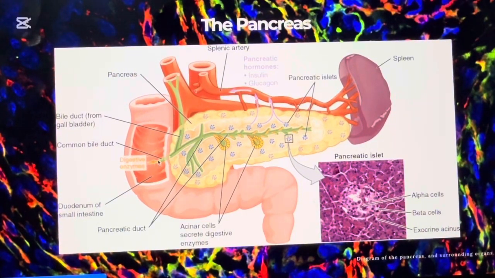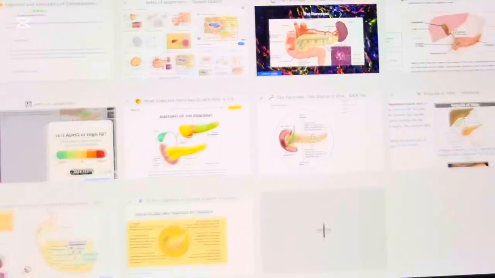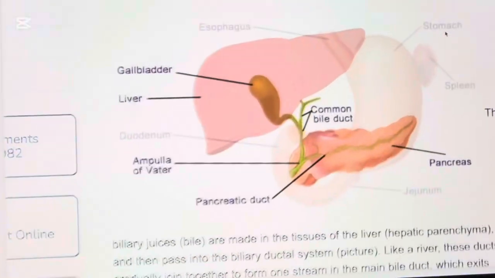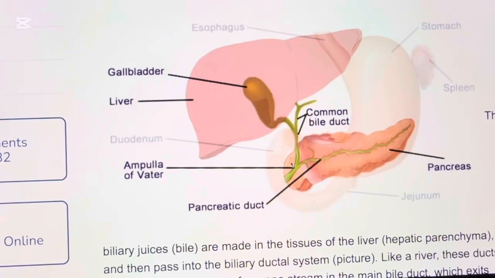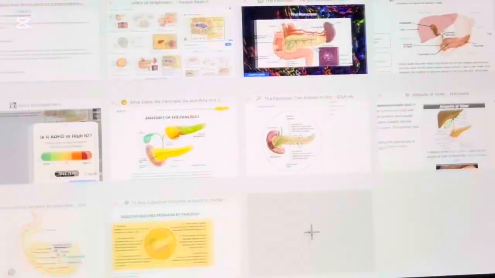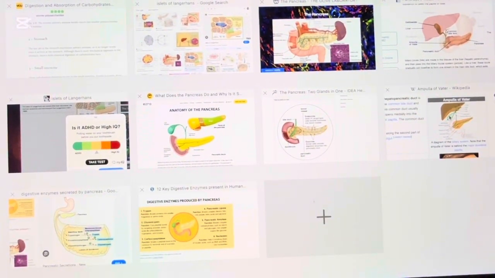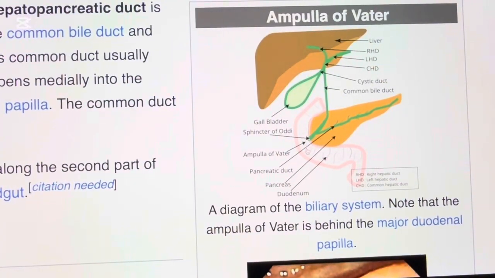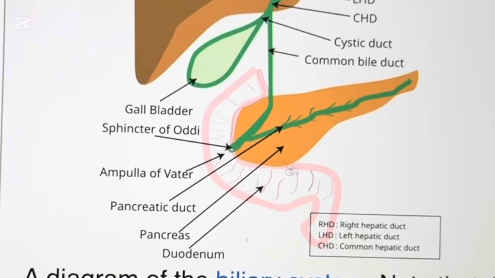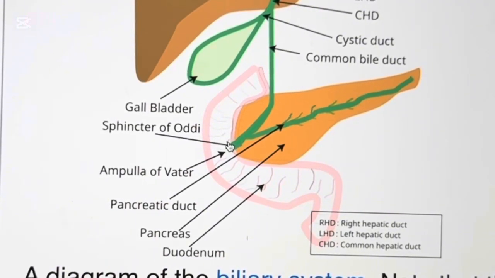And the hepatopancreatic duct finally opens into the duodenum, and there is a round muscle around this opening which we call the sphincter of Oddi.